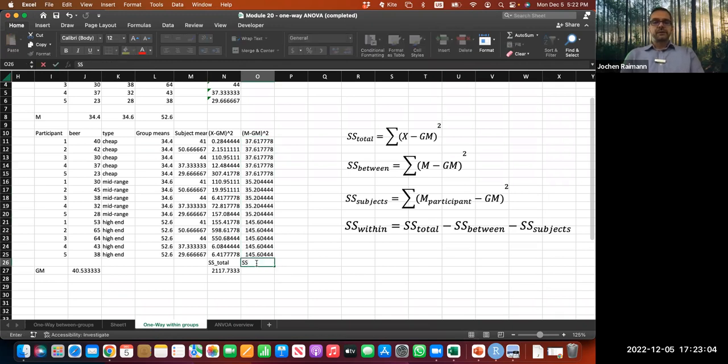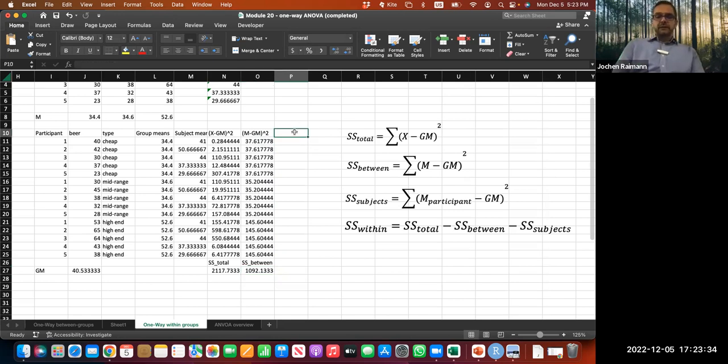So the sum of squares between is now the sum of all of these entries. Like this, the sum of all of these entries. So our sum of squares between is 1092.1333.